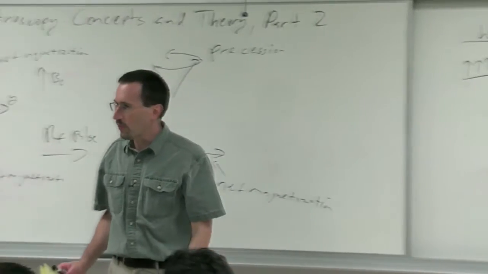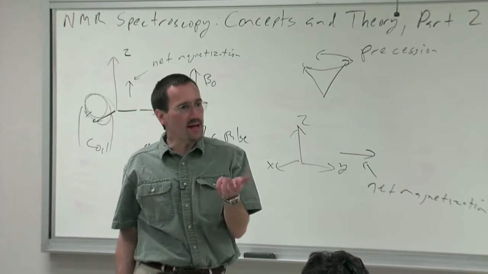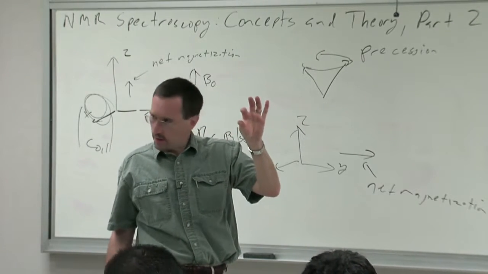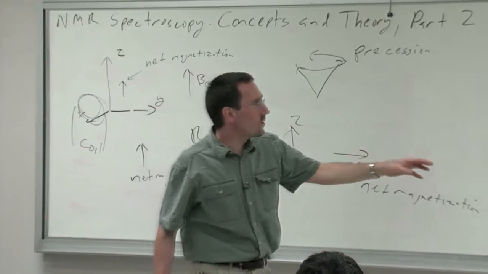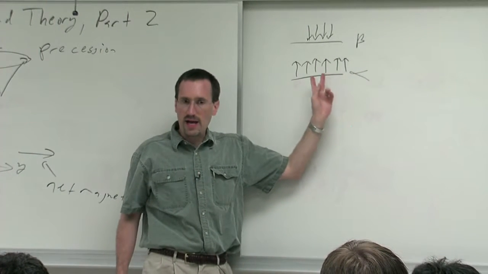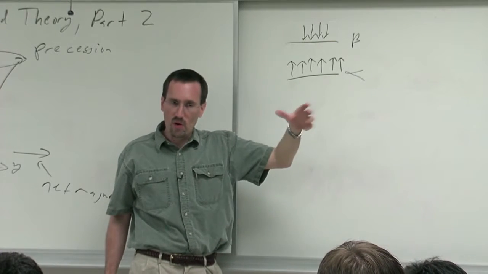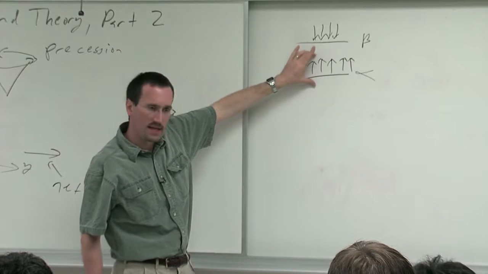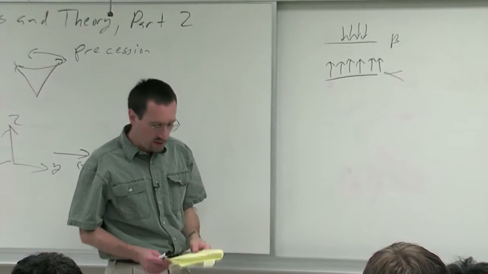So in other words, if we had a mole of, or more realistically, if we had a millimole of CHCl3, protiochloroform, in our NMR tube, what this would represent would be the nuclei of the hydrogen there, and out of that millimole of nuclei we would have a small excess in the alpha state, and they would all be precessing.